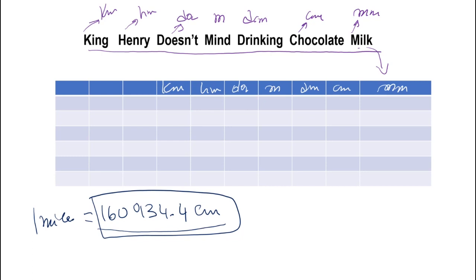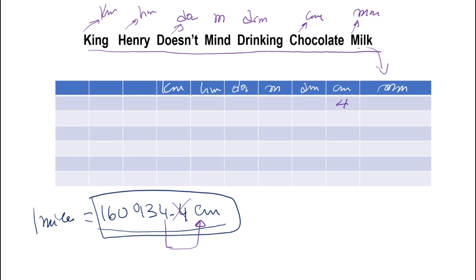The whole number means the number without the decimal point. Take the first digit of the whole number and put it in the unit of centimeters, which means you go to centimeters and you put 4. What is on the left goes to the left, what is on the right goes to the right.